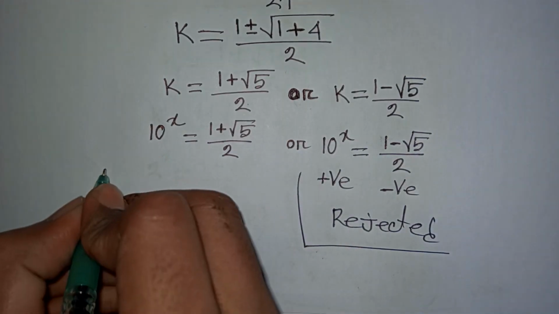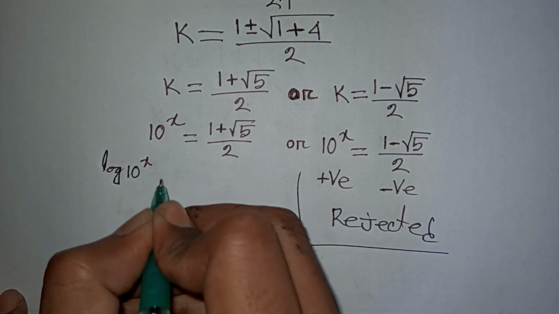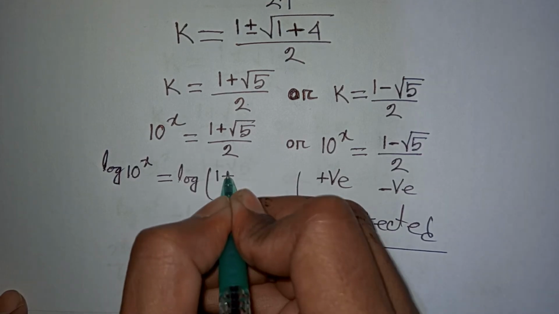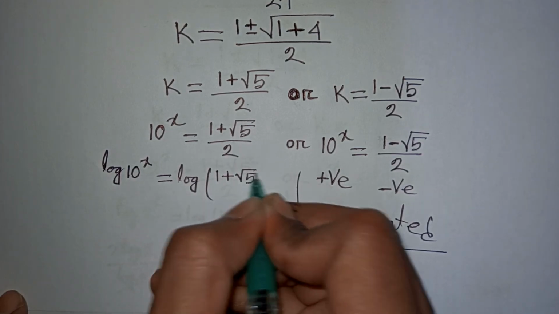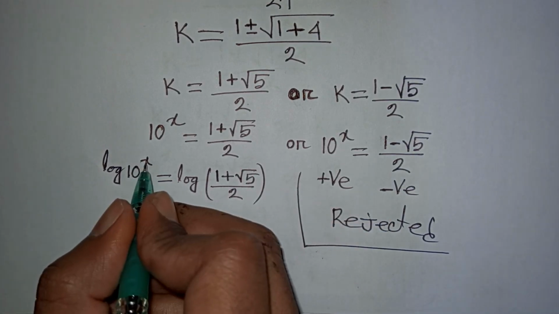Now, from here we apply log on both sides. We can write log of 10^x is equal to log of (1 plus square root of 5) divided by 2. Now, this power x will move to the front.